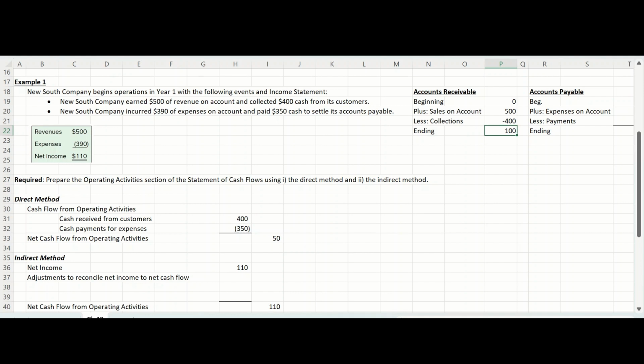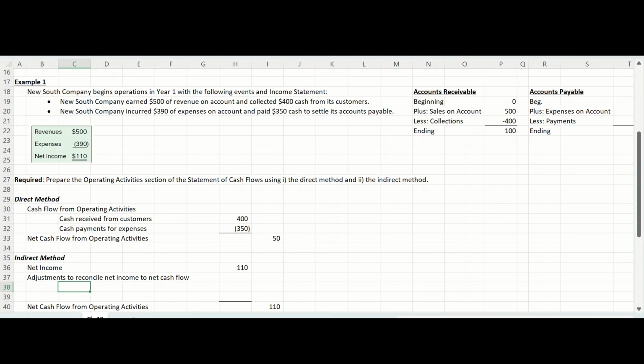So the first thing we'll list here is the change in accounts receivable, which is the increase of $100.